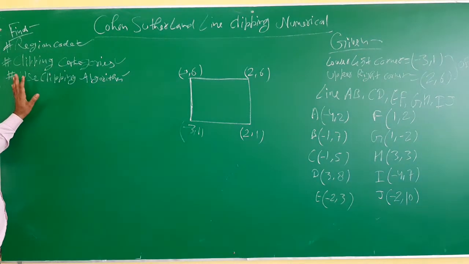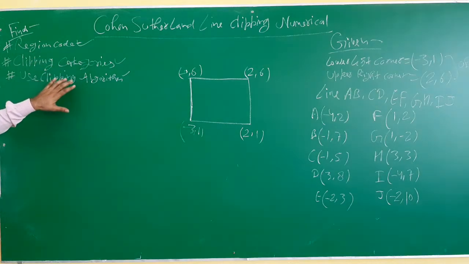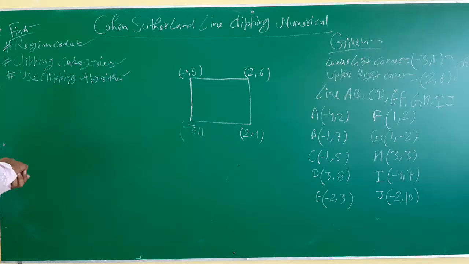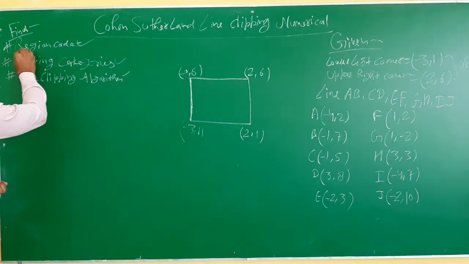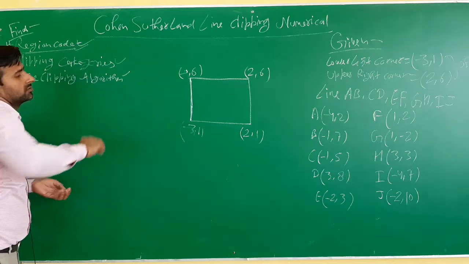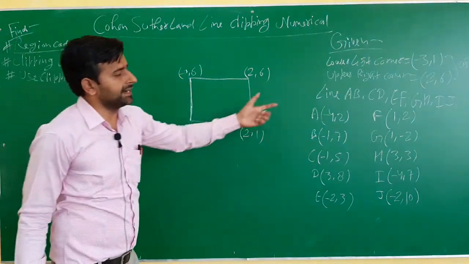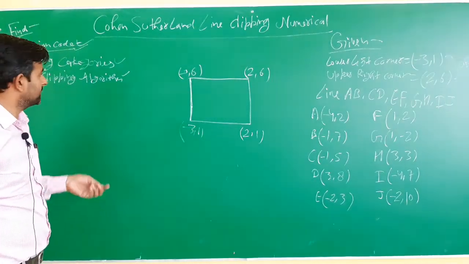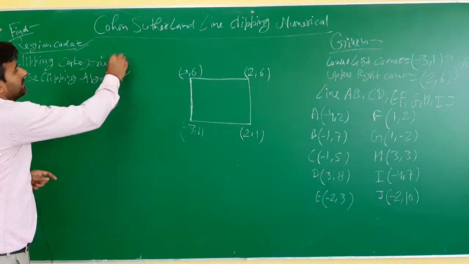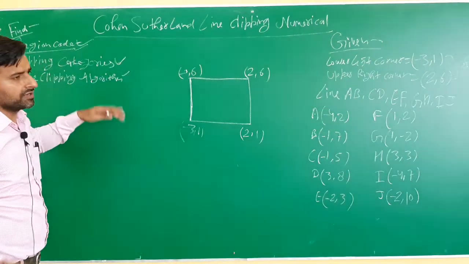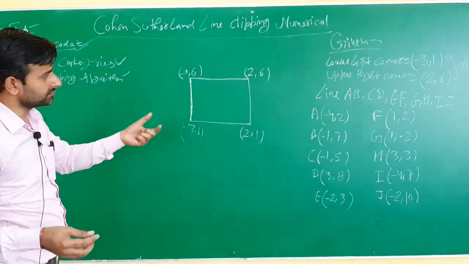We have been given 3 points to find. First, find the region codes of all the endpoints. Clear? Next, clipping categories, we will discuss further.